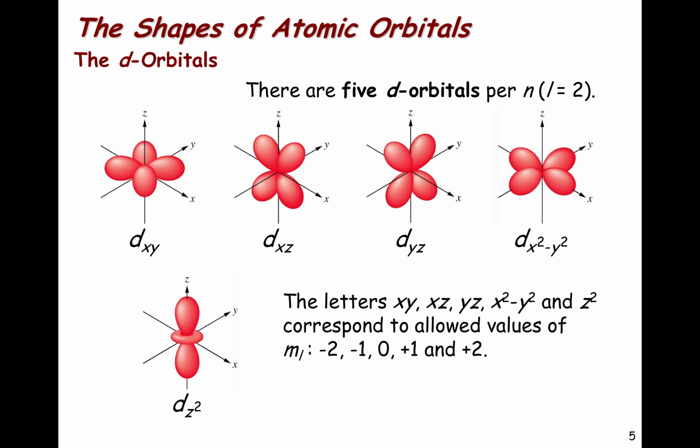The orientation with respect to the Cartesian coordinate systems are shown here, and so the corresponding m sub l values for the dxy, xz, yz, x squared minus y squared, and z squared would be -2, -1, 0, +1, and +2.